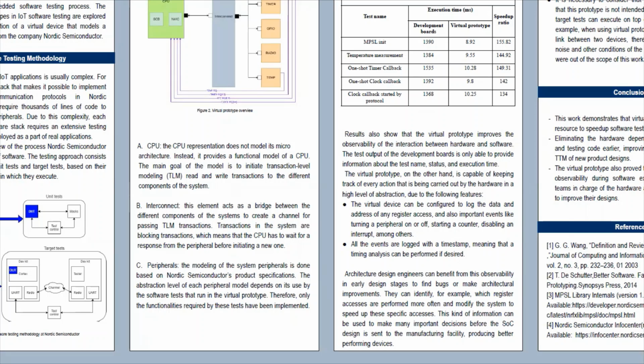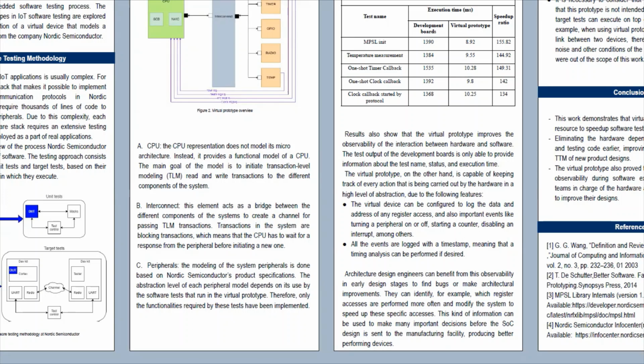This is allowed in the virtual prototype due to its configurability to log the data and addresses of any register that's being accessed, as well as other important events like turning on and off some of the peripherals, starting a counter, or enabling and disabling an interrupt. The timestamp of these actions is also logged, allowing for timing analysis to be performed if desired.